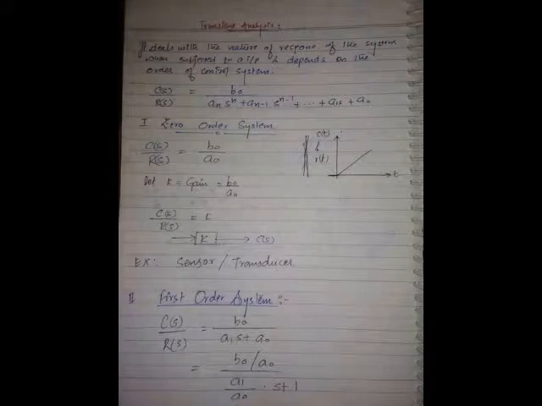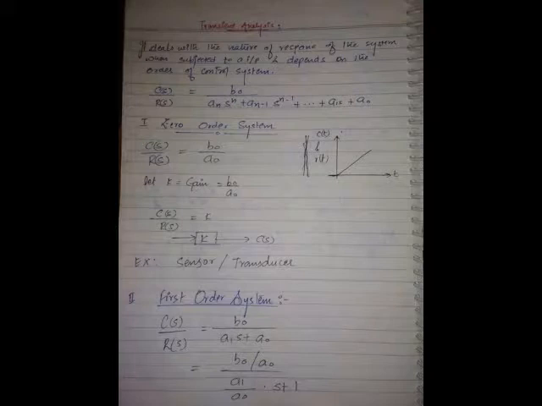Transfer function equal to some constant means the characteristics with respect to time, for input we are taking as xi and output as x naught, are linear. Linear characteristics means output is directly proportional to input.